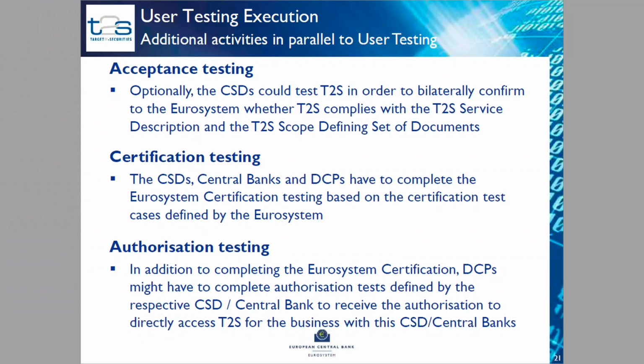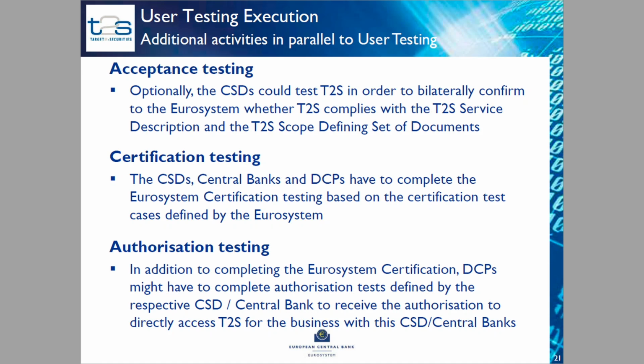In addition to this migration testing, we have some further testing activities which were not so prominently presented in the slides earlier. There is acceptance testing. As you know, it's optional under the framework agreement for CSDs to test T2S.